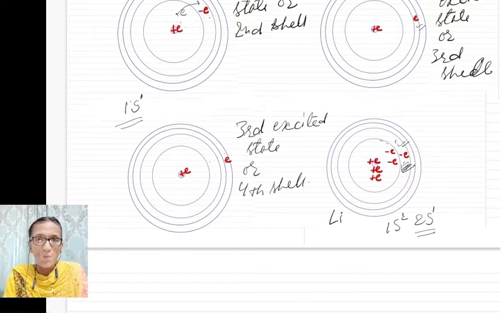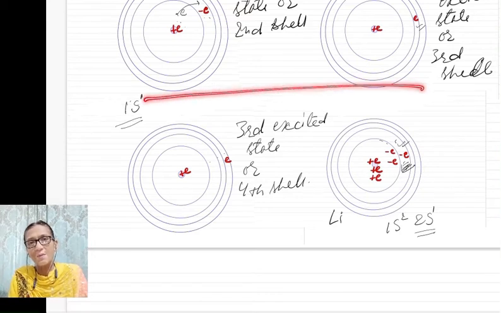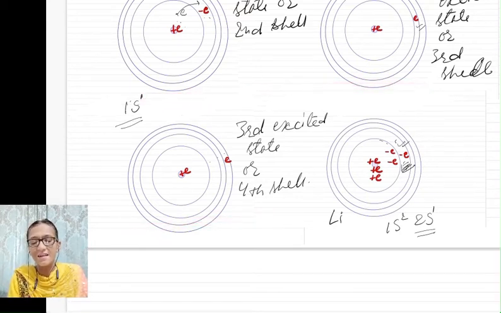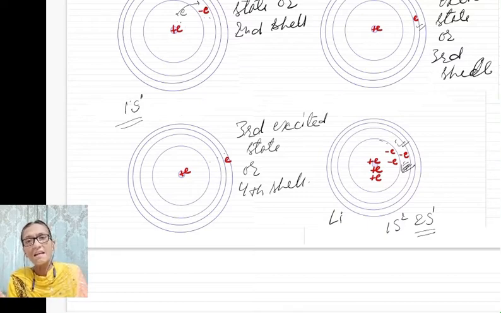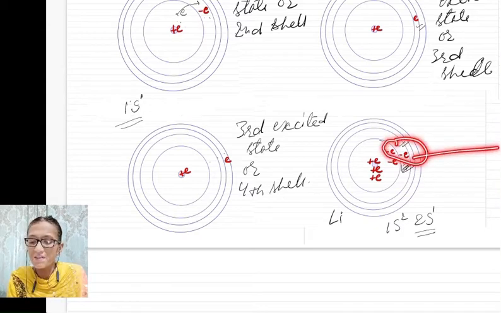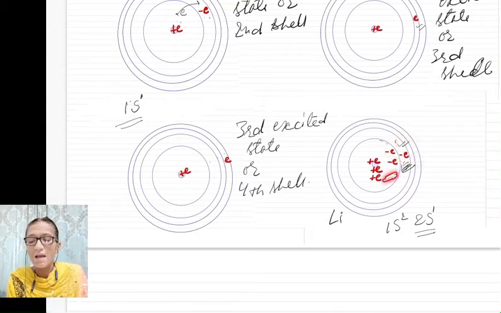But in Bohr's model, we do not think about any element other than hydrogenic elements. We can consider only hydrogen, singly ionized helium or doubly ionized lithium, so that two of its electrons are taken out and only one electron is left in its first cell.